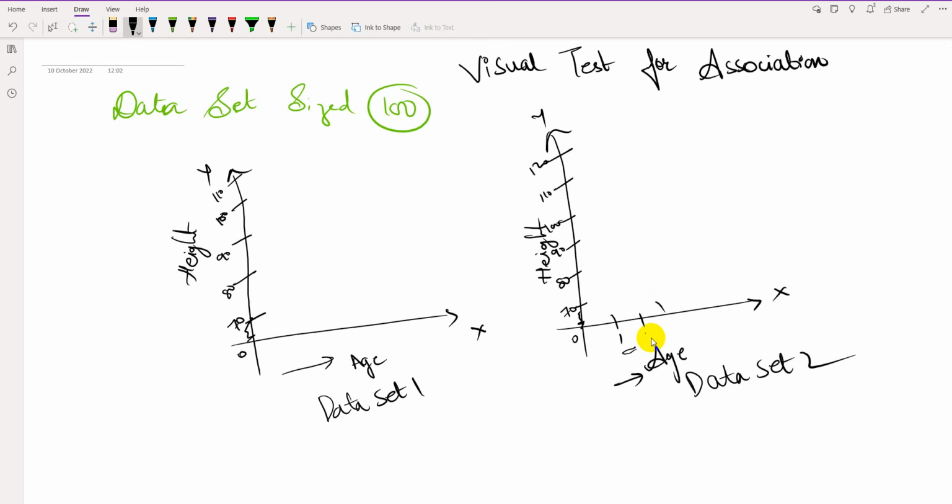We are going to draw the ages 1, 2, 3, 4 and 5. Now I wanted to see some data I have collected for 100 people. I got the data like this.